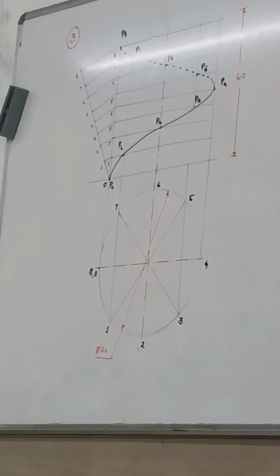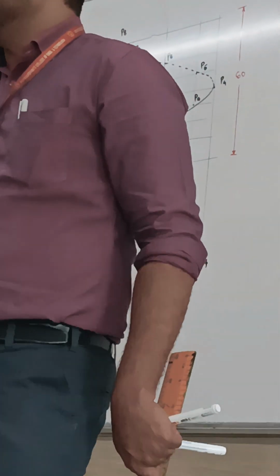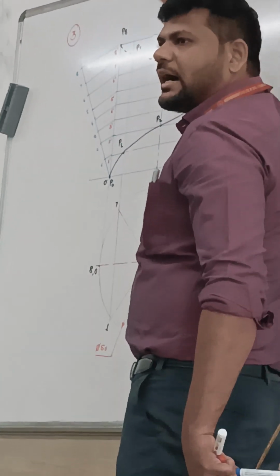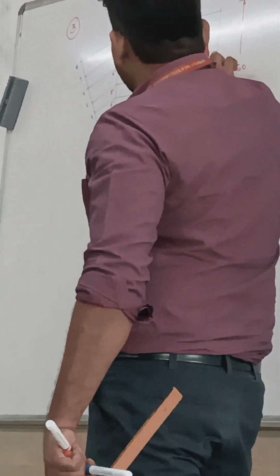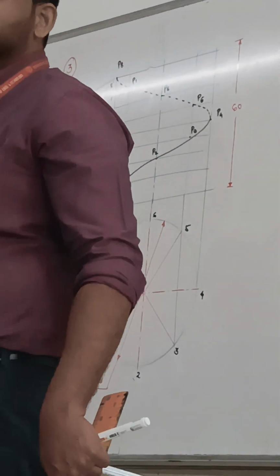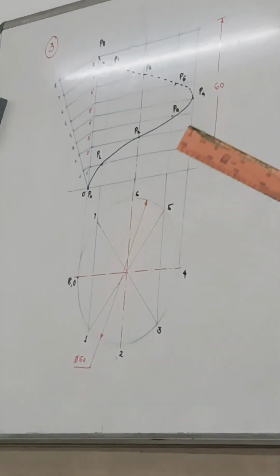If they say 2 revolutions, now this was for 1 revolution. If they say 2 revolutions, then what will happen? 60, 120, 60 plus 60, another one will come above this. So what will happen? The same projection, dotted again. The procedure will remain the same. For half a revolution, it is dark.